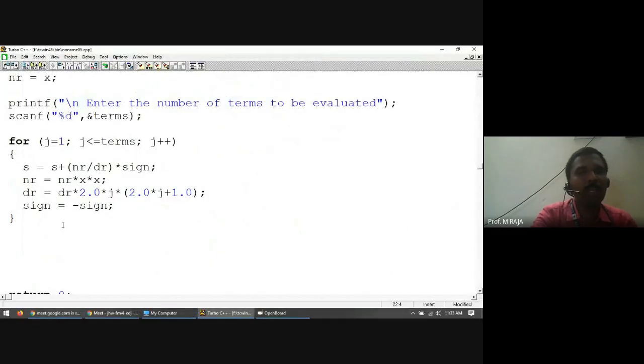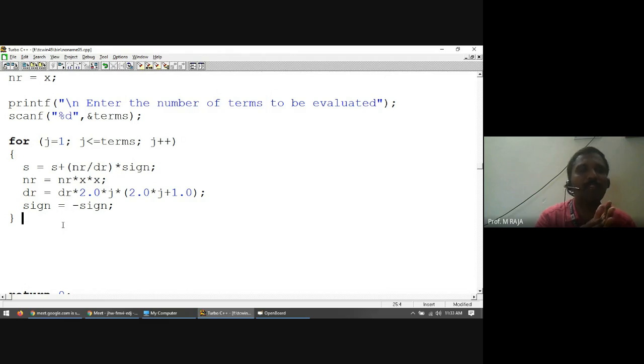Numerator and denominator are computing the values for the next stage calculation. So if you put j is equal to 1, only the value of s is x. In case terms is equal to 1, the condition 1 less than or equal to 1 is true. So only the variable x is evaluated.